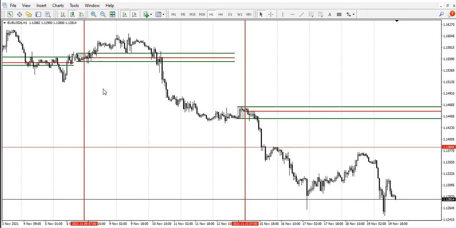For example, let's say that at the start of this week, which is the red line, I was bearish, but naturally you're not going to just start selling at the start of the week. You're going to look back for your reference points, your order blocks, stuff like that, where you're going to be looking to get in.